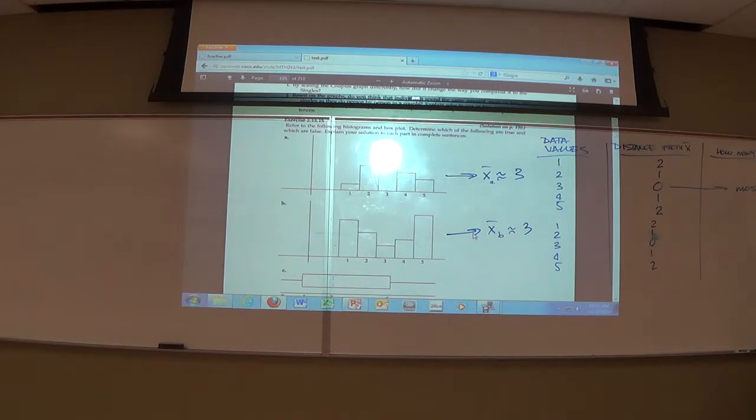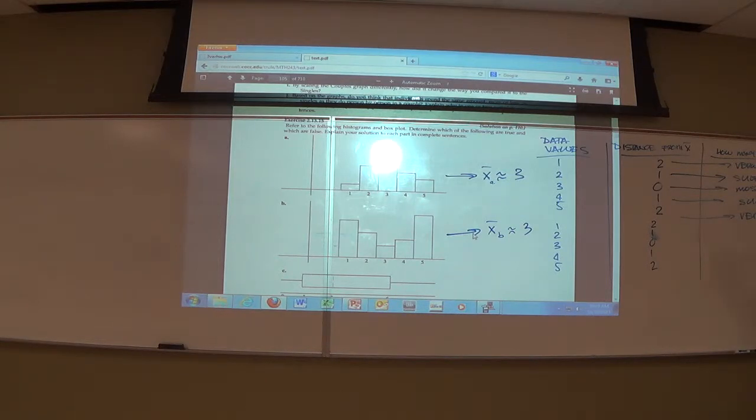Most of the data is at the 3. There is slightly less here and here, and there's very little here and here. With me so far?